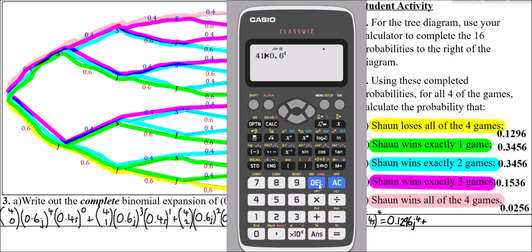I made a pig's ear of that, never mind. 4 shift divide 1. Then multiplied by 0.6 cubed, then we multiply by 0.4 to the power 1. And that gives us 0.3456 j cubed s. So we write that down next.